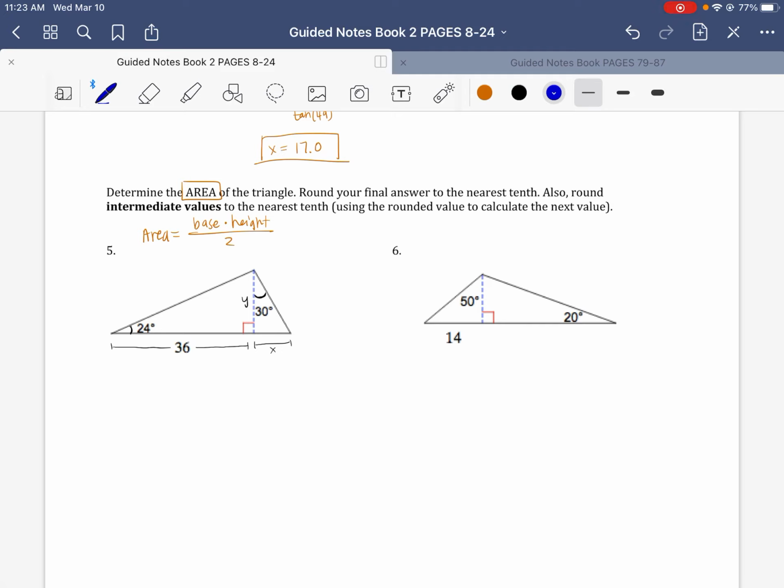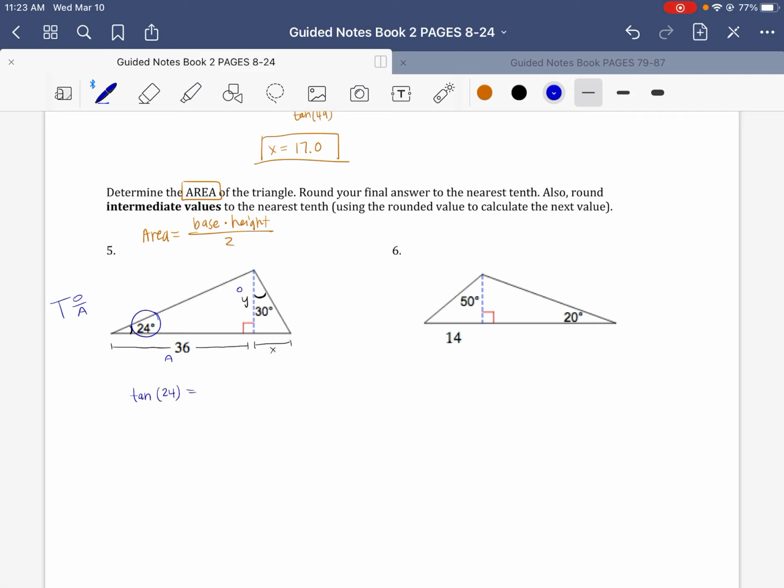So let's just look at this left triangle. So if 24 is my reference angle, and I want to find the y value, I'm going to find side opposite, and it looks like I know the adjacent side. So again, this one is going to be O and A, which is tangent. So I'm going to do the tangent of 24.